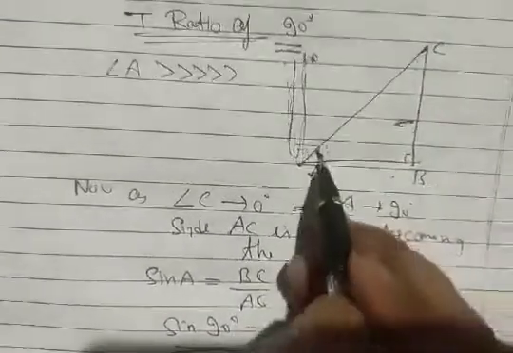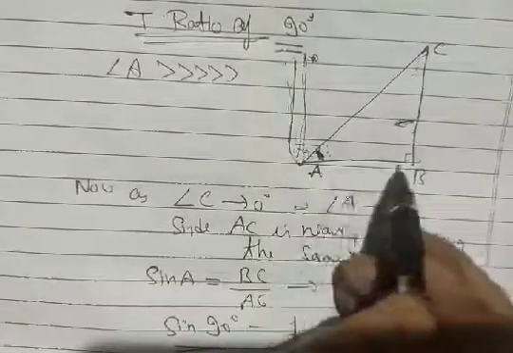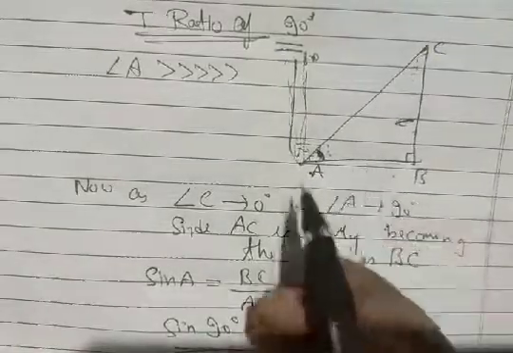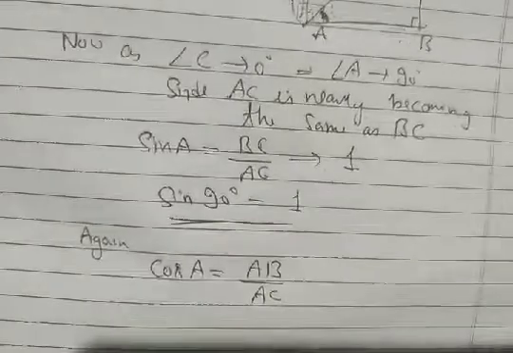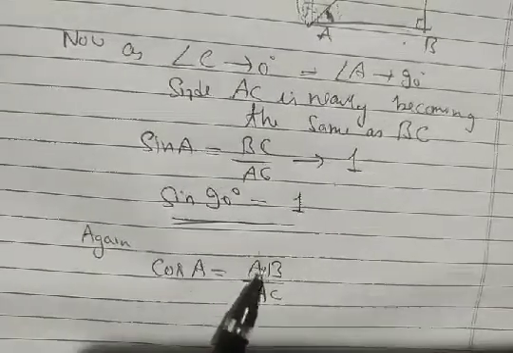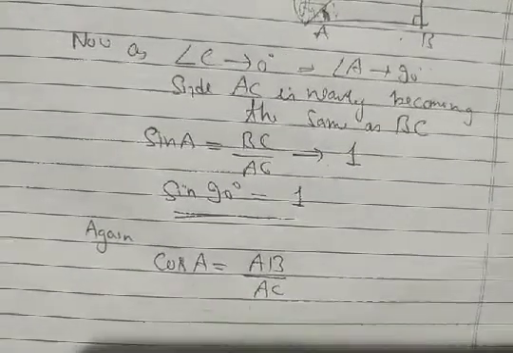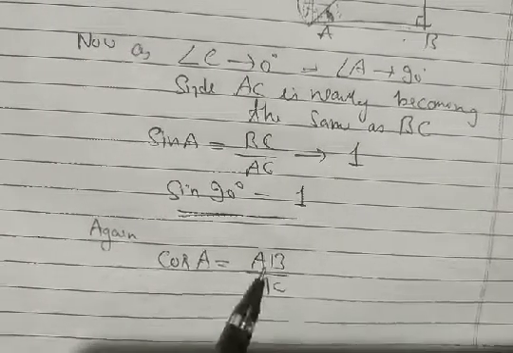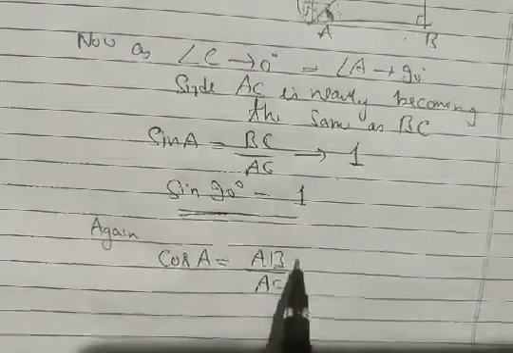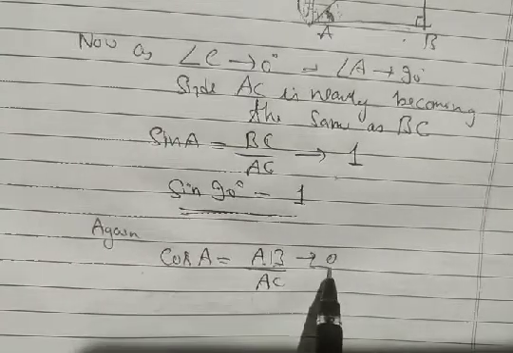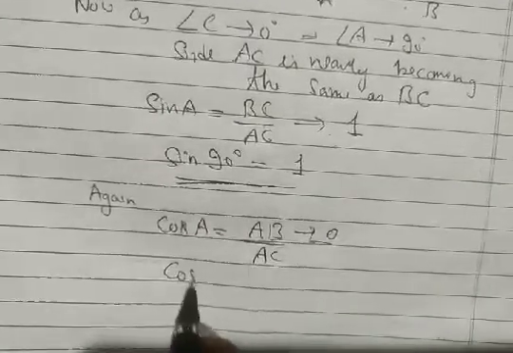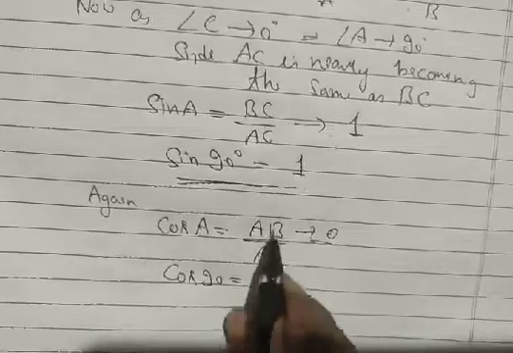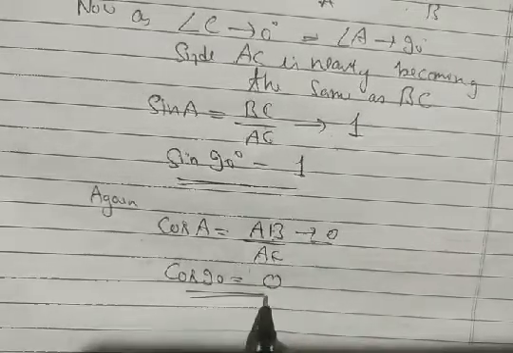When angle A tends to 90 degrees, side AB tends to 0, so the value of cos 90 is 0 by AC, which is 0.